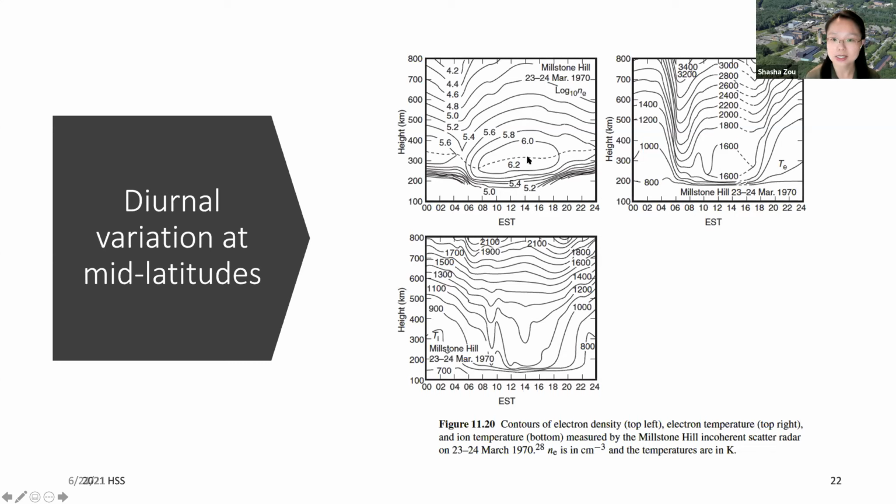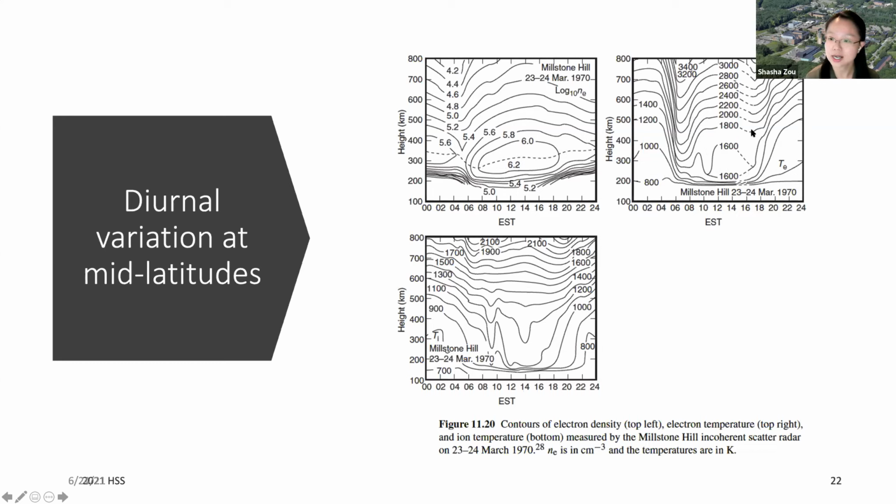So here you can see that during the day, we see the peak densities, and then the densities gradually decrease, reaching the minimum just pre-dawn. As for the temperatures, there is a very rapid temperature increase once the station rotates to the day side. This is due to the solar heating.